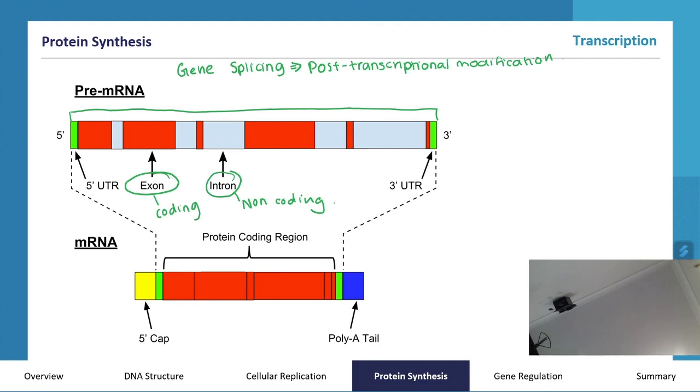So gene splicing will occur where all of the introns are cut out of the pre-mRNA strand and all of the exons are glued together, forming what is called a mature mRNA strand that is ready for protein synthesis and minimizes the risk of mutations occurring.